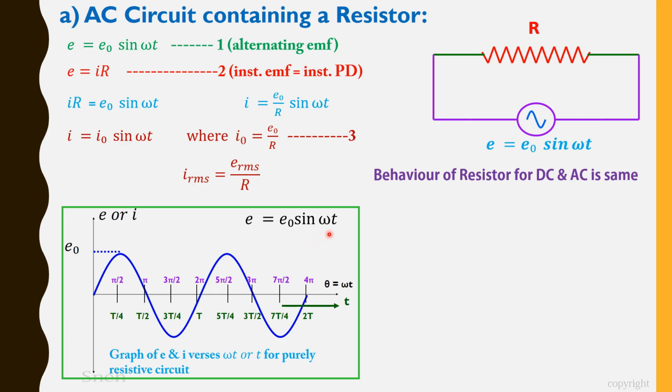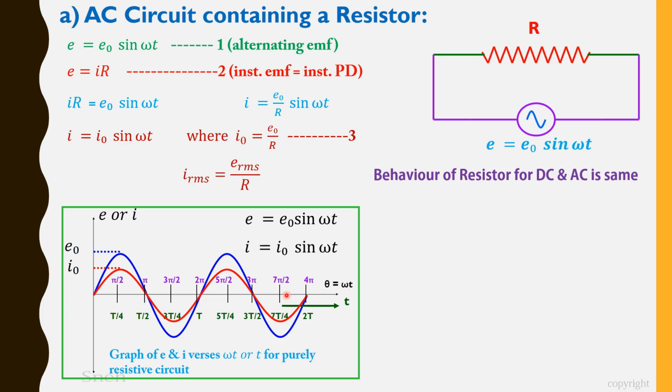It is a sine wave starting from 0. Now, the current wave is also similar to the EMF wave, so I'll draw that also, represented in red color. Blue color is representing EMF and red color is representing alternating current across the resistor.